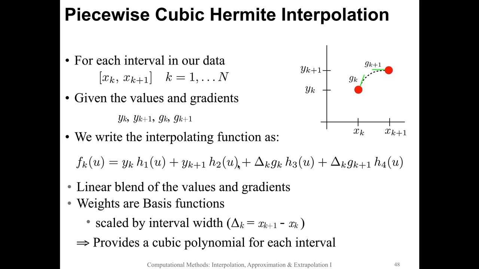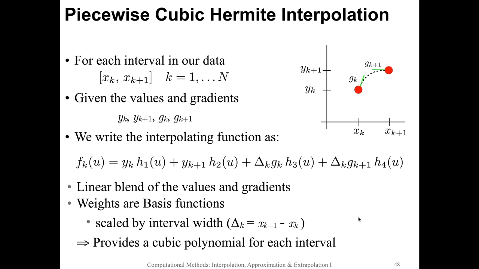So we can take our 4 basis functions and we can weight them. And the basis functions are also weighted by the interval widths as well, so depending on the interval widths, which if our interval width is fixed, say at equal to 1, then that becomes very simple indeed.